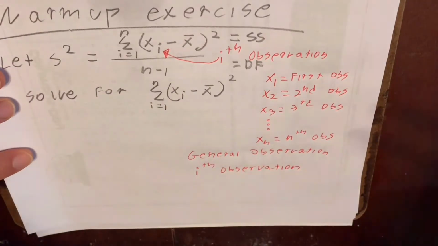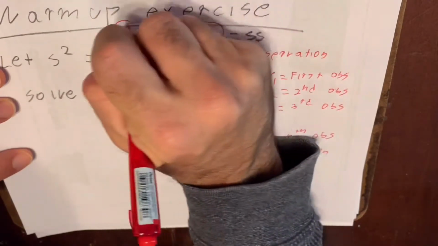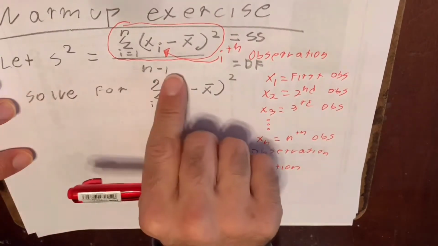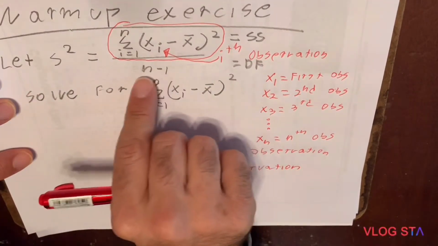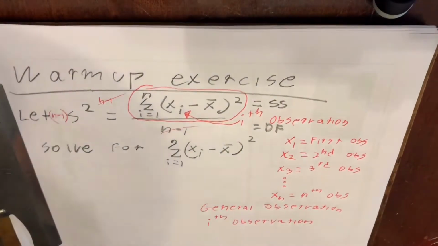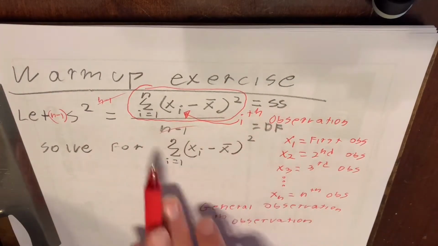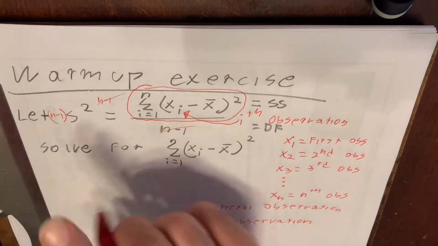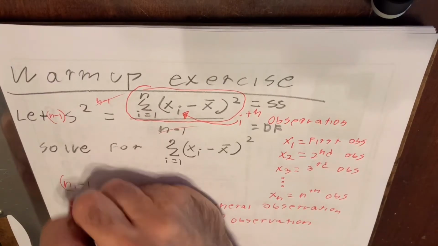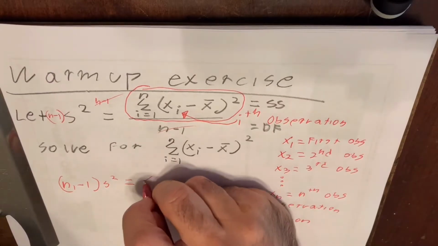So in this warm-up exercise, what I'm asking you to do is solve for this numerator, which is the sum of squares. So all we do is we multiply both sides by n minus 1. One little step takes us from the definition that s squared is equal to the sum of squares divided by the degrees of freedom to the fact that n minus 1, quantity, times s squared gives us the original sum of squares.